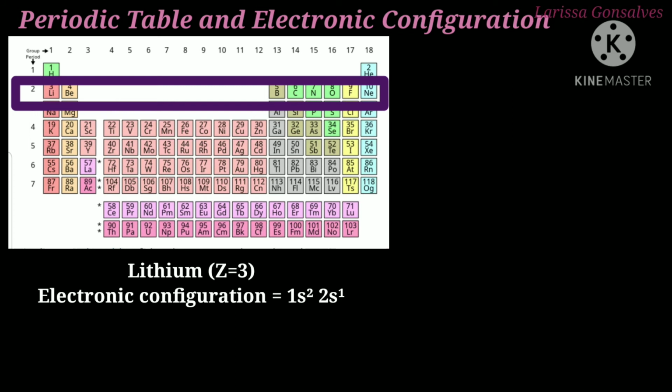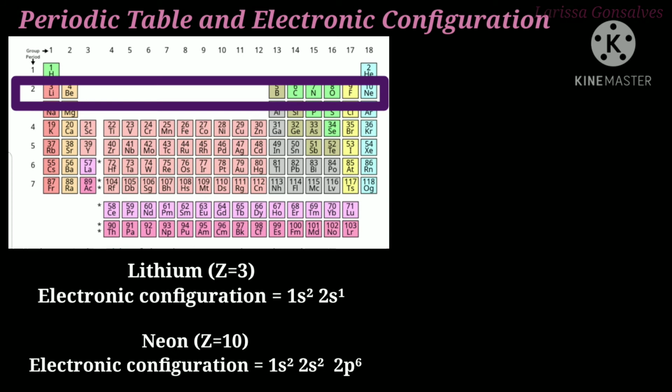So you can see the 2s1 has now started to fill up, and this particular period will end with neon, which has the atomic number 10 and the electronic configuration 1s2, 2s2, 2p6. As we can see here, neon has 8 electrons in its outermost second shell and hence it has a complete octet. The second shell has the capacity of taking in 8 electrons.